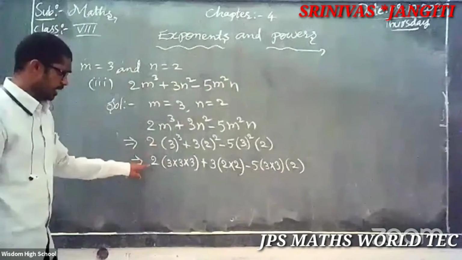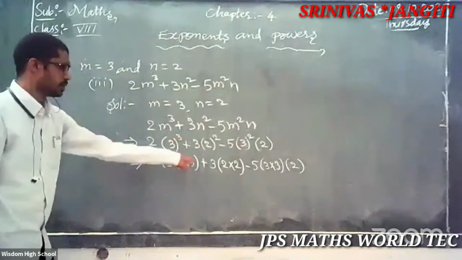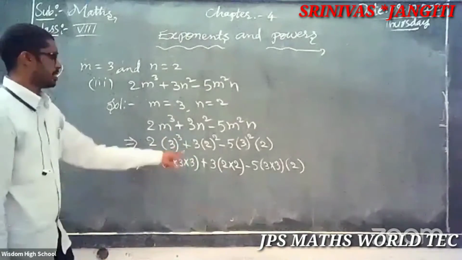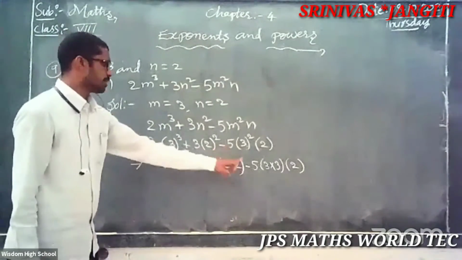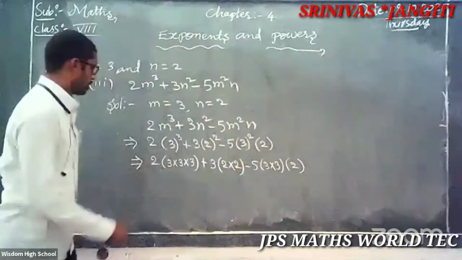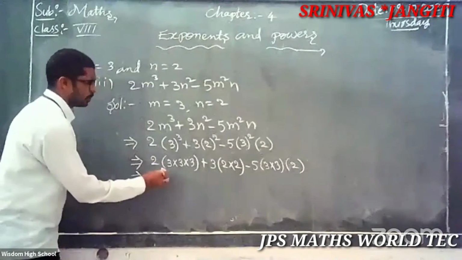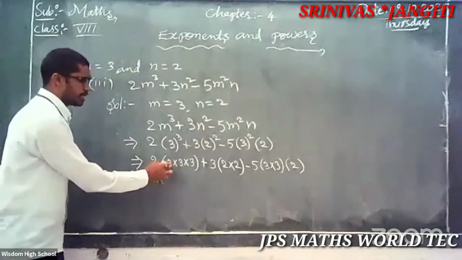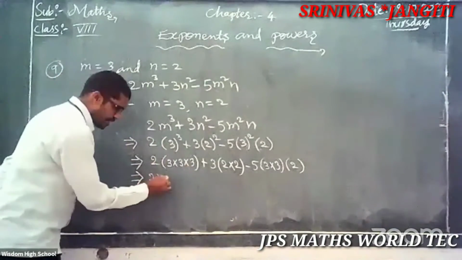Observe, 3 is taken 3 times. Why, sir? Because it is a cube. That's why 3 into 3 into 3. Plus 3 into 2 into 2, then minus 5, 3 square, that's why 3 into 3, then 2. That implies, in the bracket, 2 into, what is here, sir? 3 3s are 9, 9 3s are 27.